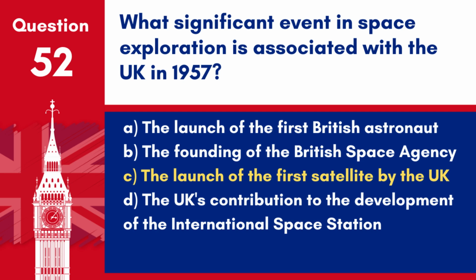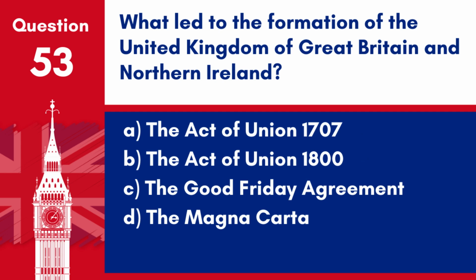Answer C. The launch of the first satellite by the UK, while the UK did not launch its own satellite in 1957. That would be the Ariel 1 satellite in 1962. As a collaboration with the US, it has played a significant role in space exploration, including significant contributions to satellite technology and space science.